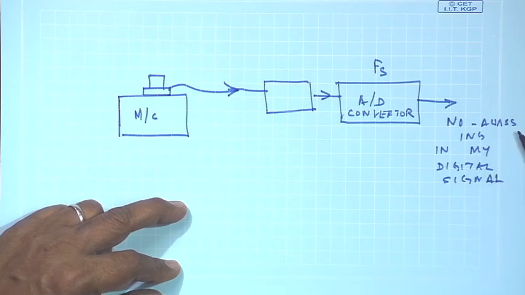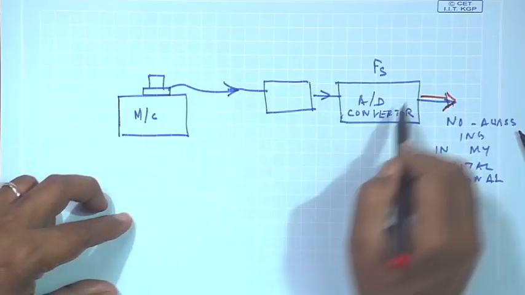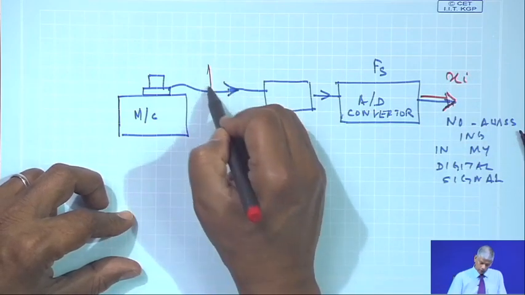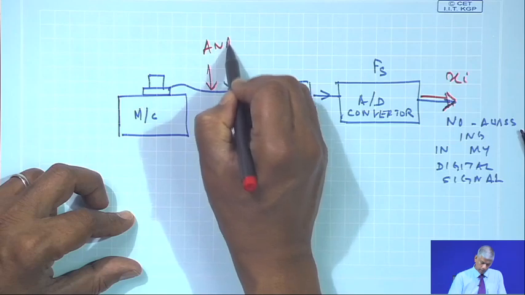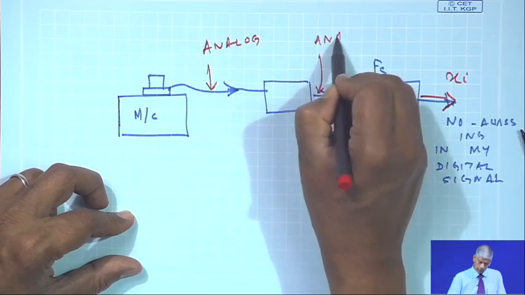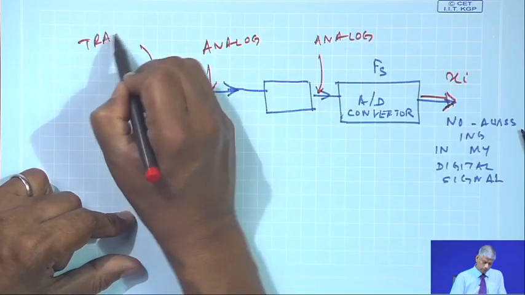This is of course a digital signal, Xi, and this is analog, this is also analog, and this is my transducer.